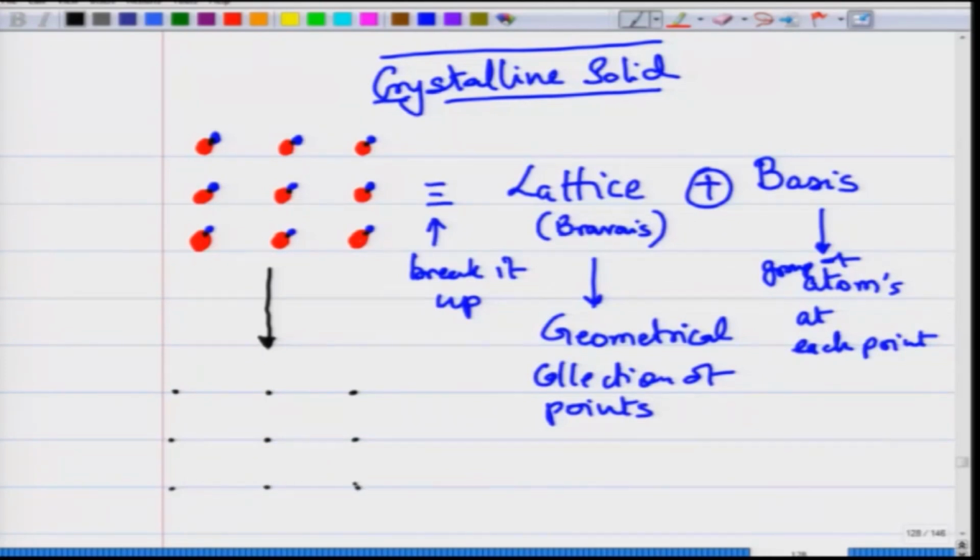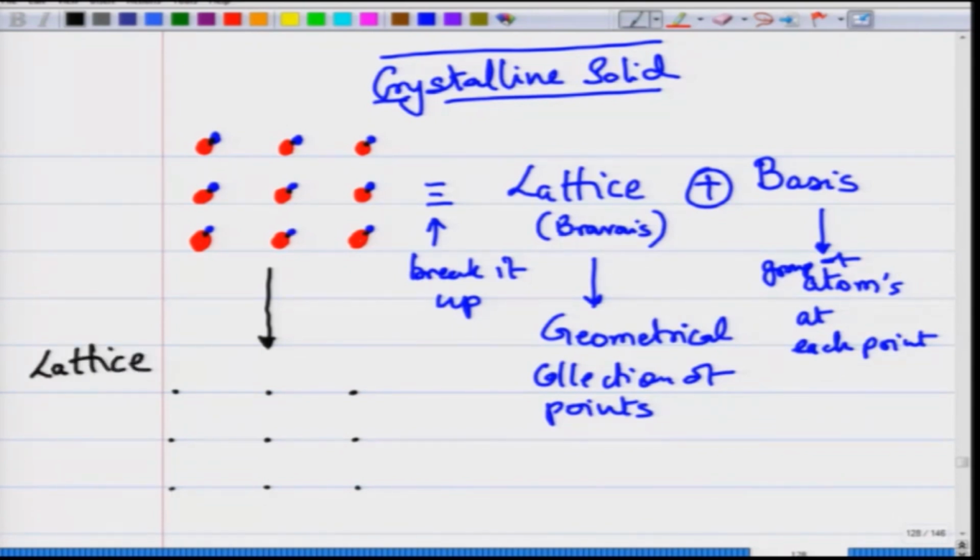And of course, I have drawn a finite lattice. This is an infinite collection of similar sets of atoms distributed identically through space, periodically arranged. So, from this complex arrangement of atoms in space, I can build up a lattice.